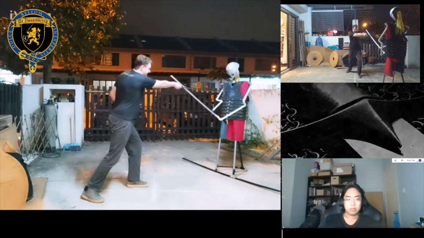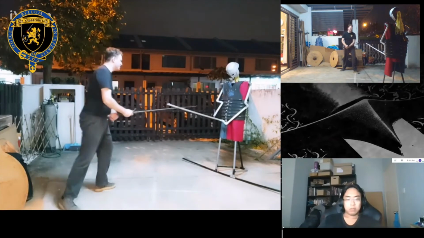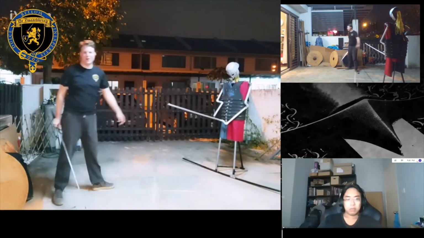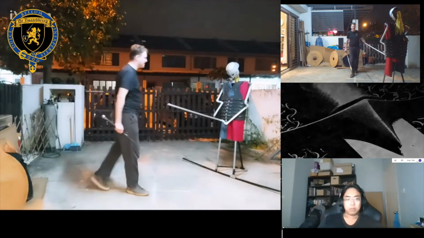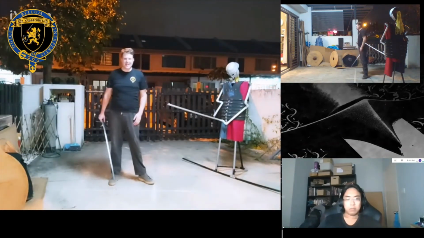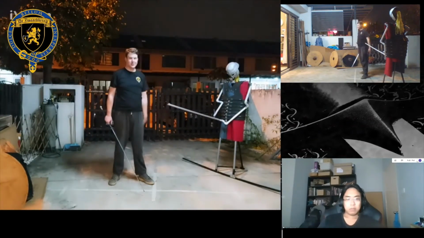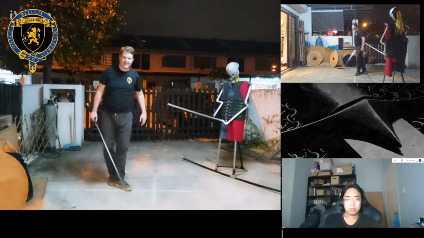But observe, I catch his sword with my cross guard. Because if I don't, and I thrust him, like I said, he will not be immediately dead. What you see in some movies, that you cut a guy and he falls down dead, or in most movies, you shoot a guy and he falls down dead, doesn't happen like that.